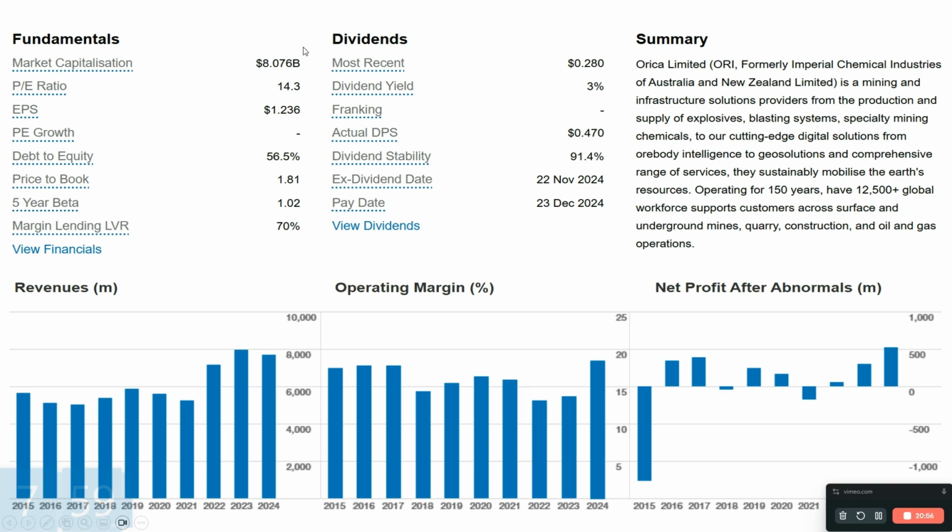But here you see some important elemental fundamentals: market capitalisation, price to earnings ratio, debt to equity.